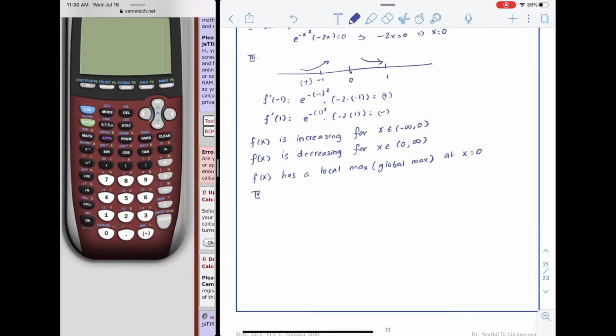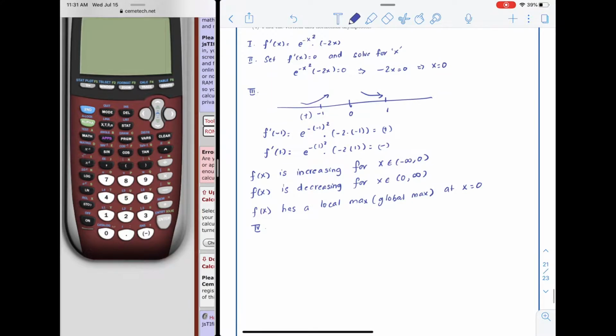Now we perform the second derivative test to determine concavity. So first derivative is e raised negative x squared times minus 2x. So we will have u as e raised minus x squared and v as 2x. V prime is 2.